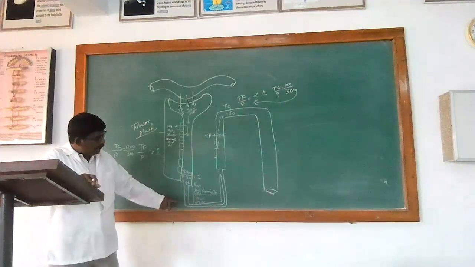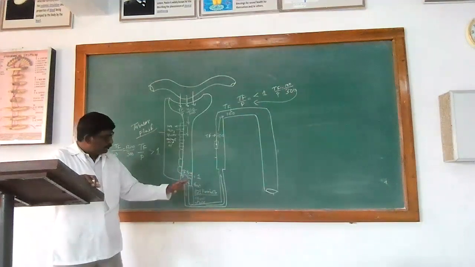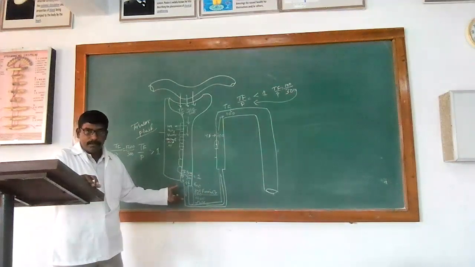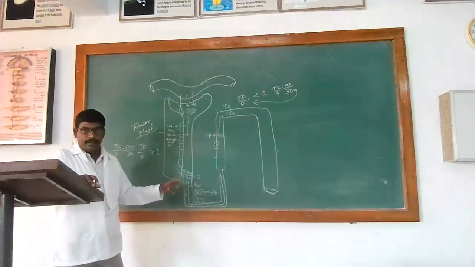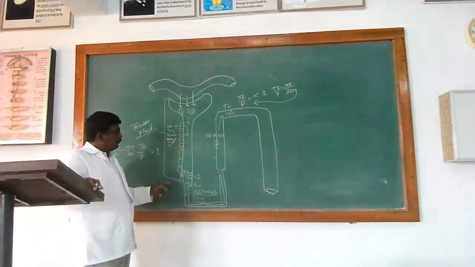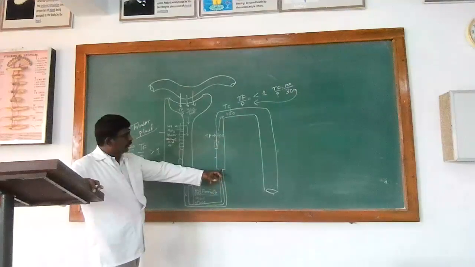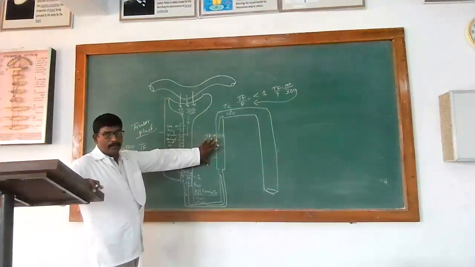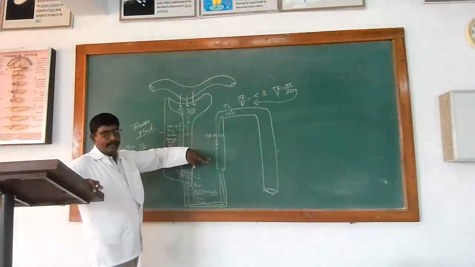This area is water permeable. That's why it loses water, and the osmolarity of the tubular fluid increases due to the excretion of water from this part of the nephron. When this fluid is transferred to the thick part of the ascending loop of Henle, the osmolarity gets decreased.